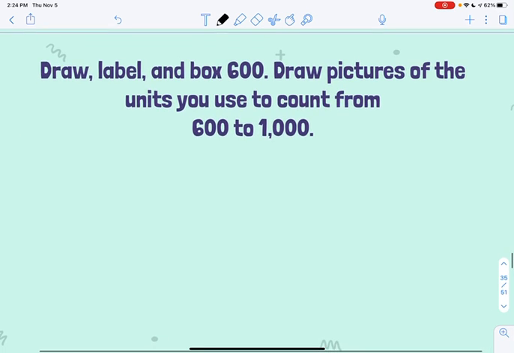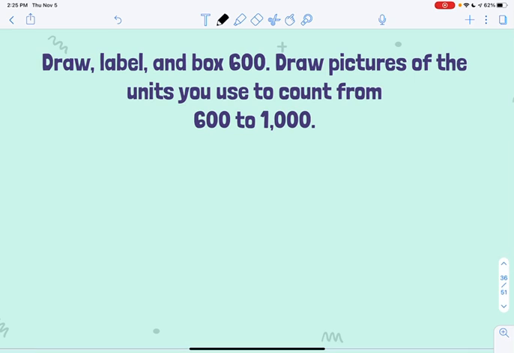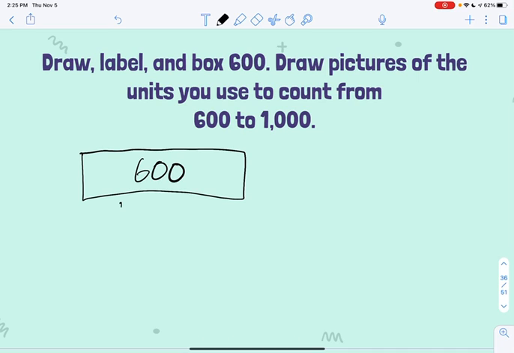All right, so this one is 600 to 1,000. So I'm going to draw a box that is 600. This is 600s. How many more hundreds do I need to make 1,000?